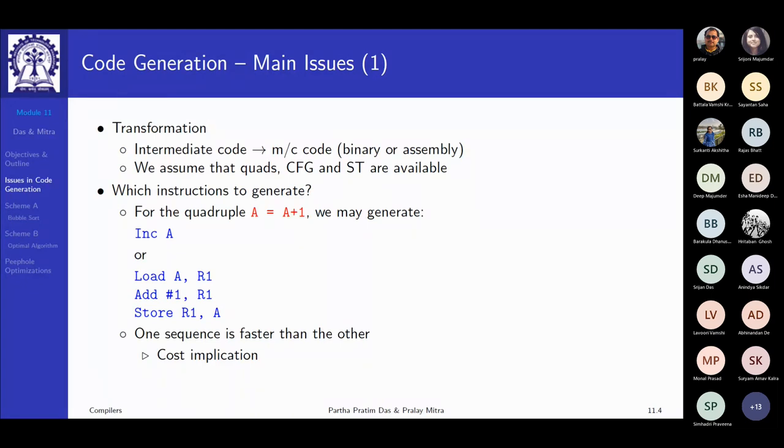And in that choice, we will often see that there are multiple ways to generate the assembly for a particular 3-address instruction.